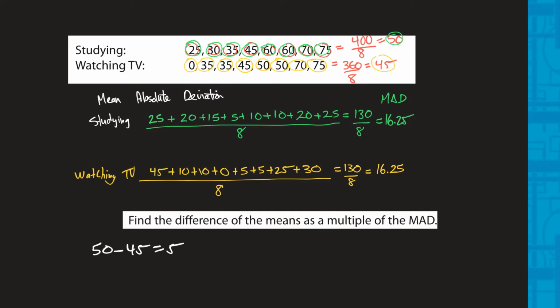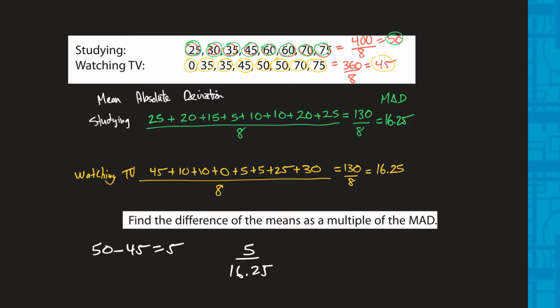So what that means is the difference of the means is 5. So that would be 5 over the mean absolute deviation. You could pick either one because it's 16.25 for both of them, divided by 16.25.